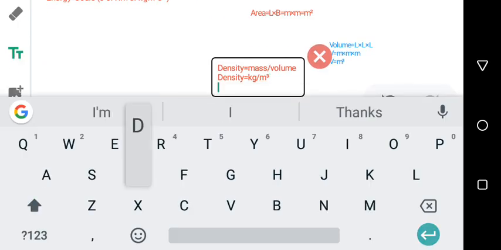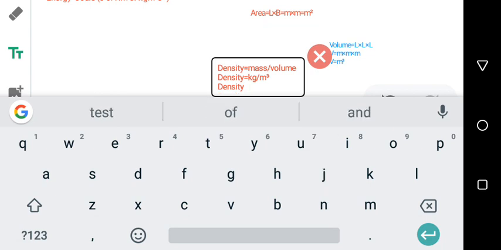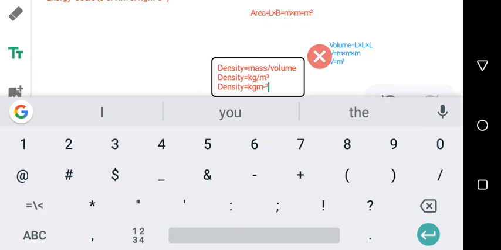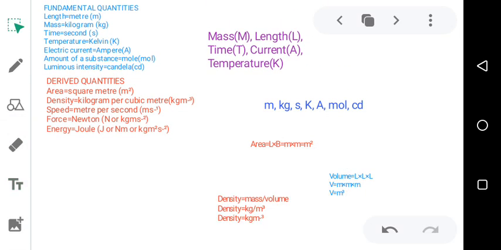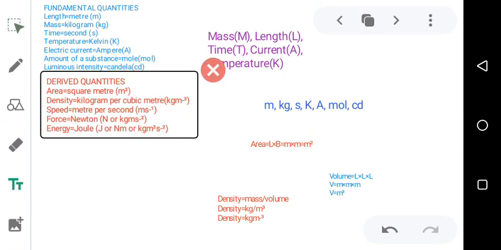Or you can finish it using indices. We have kilogram per cubic meter. That's just it. You can see this is very easy. Just practice with others. There are a lot of derived quantities. These are not the only ones. You can search the textbook or you can browse them and attempt them.